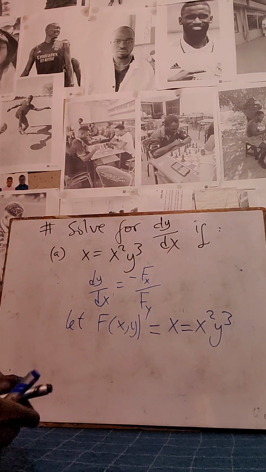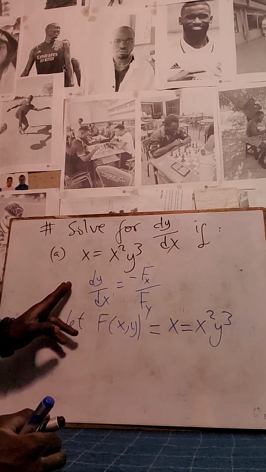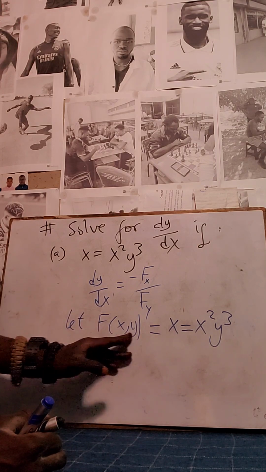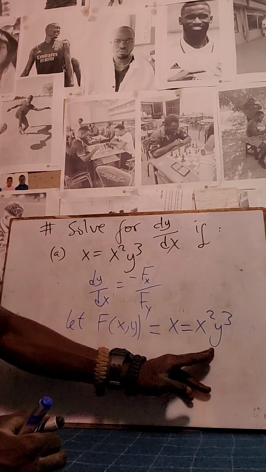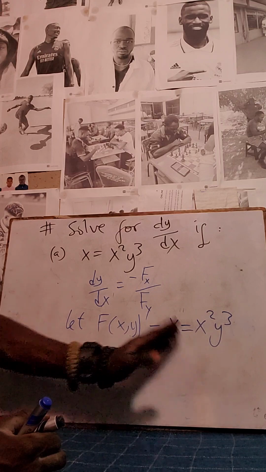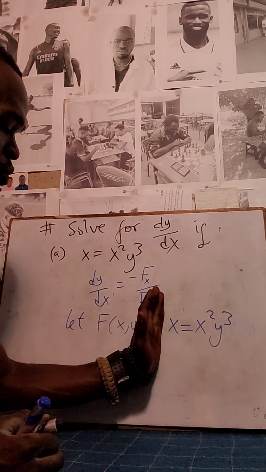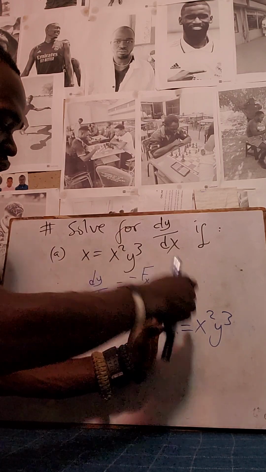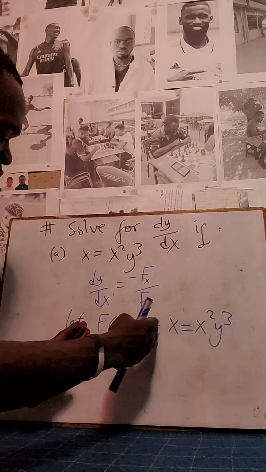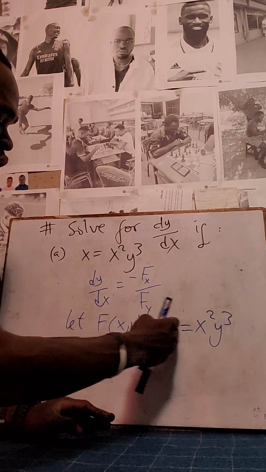I've not made anything here; I'm just saying let this function be equal to your question. It should always be equal to your question. So whatever you have brought in has just been equal to the question.